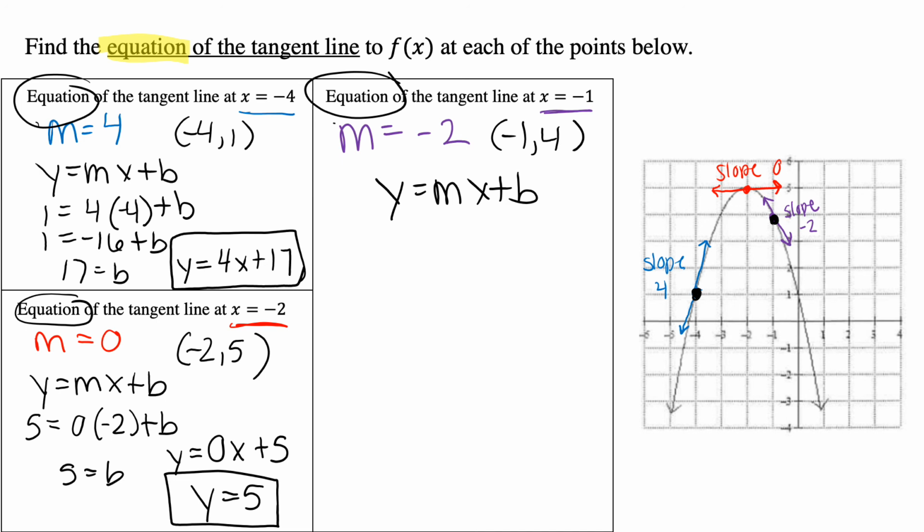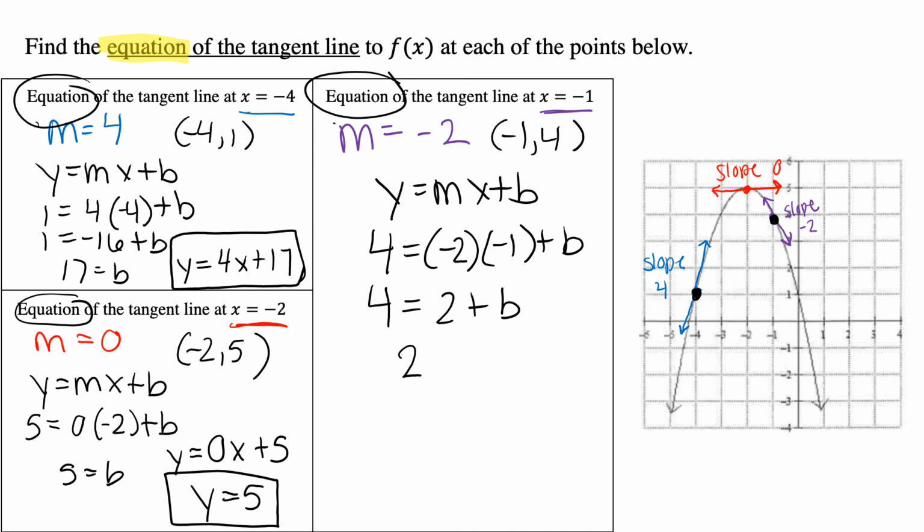So we're plugging in 4 equals -2 for our slope times -1 for x plus b, which gives us 4 equals 2 plus b. Subtracting 2, we get 2 equals b. So the equation of that purple tangent line that we drew earlier is y equals, plugging in our slope of -2, x plus 2.